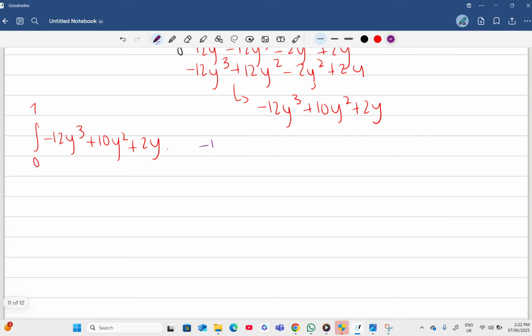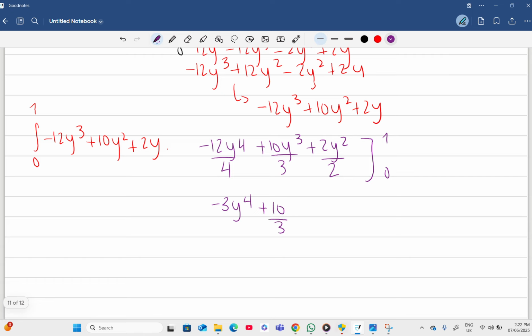I'm going to get negative 12y to the power of 4 over 4 plus 10y to the power of 3 over 3 plus 2y squared over 2, from 1 to 0. Now we can simplify this. Negative 12 divided by 4 gives me negative 3y to the power of 4 plus 10 over 3 y cubed. 2 cancels with 2, becomes plus y squared, from 1 to 0.